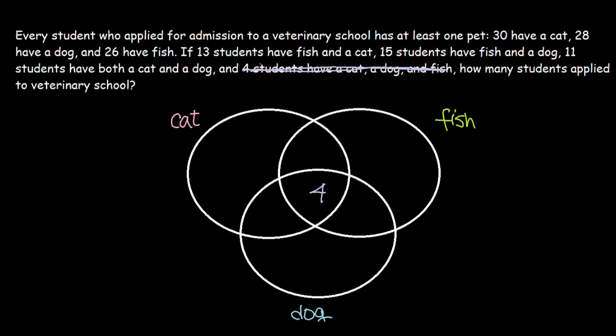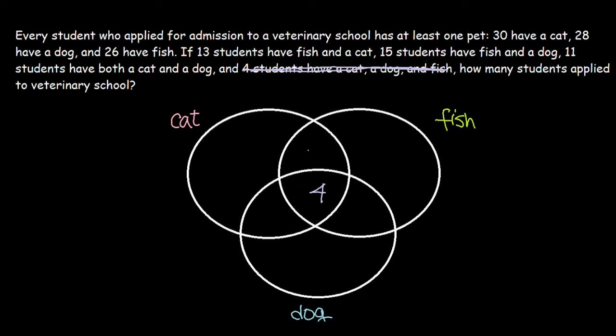Now let's move outward. The next part of the circle we're going to be looking at is where 2 circles intersect. We have to be careful here to not make any mistakes. Let's look at the first information. 13 students have a fish and a cat. That means we're talking about this part of the circle right here.